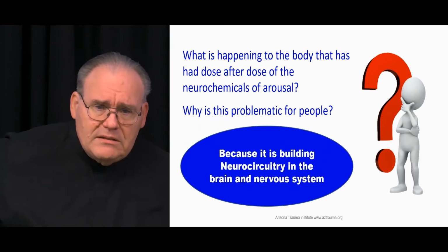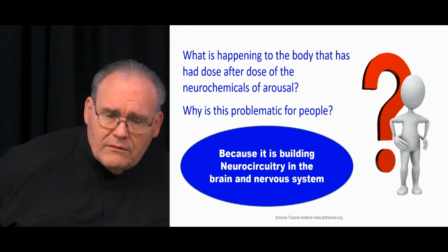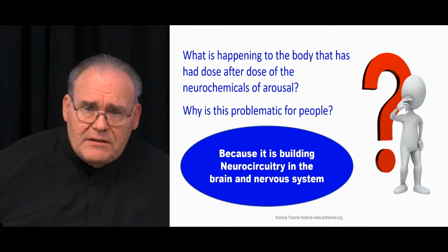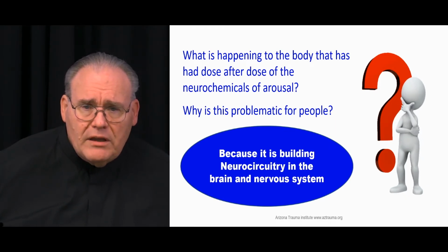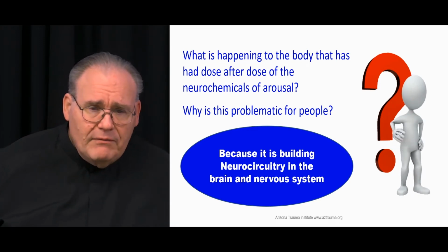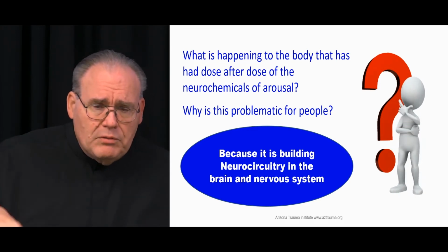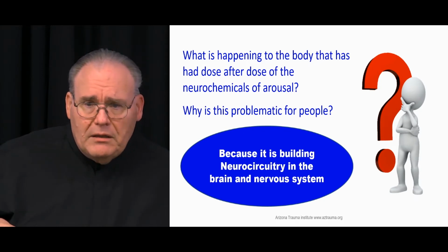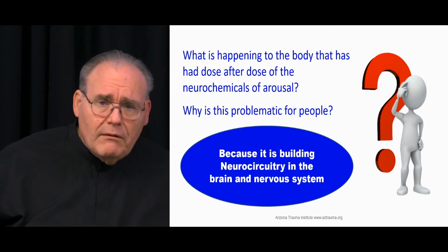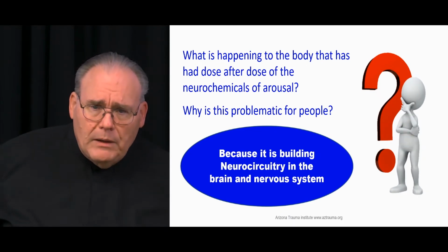So because it is building neurocircuitry in your brain and nervous system, if they're above the threshold very often, that neurocircuitry that's been built is becoming a very fluent, very accessible autopilot.